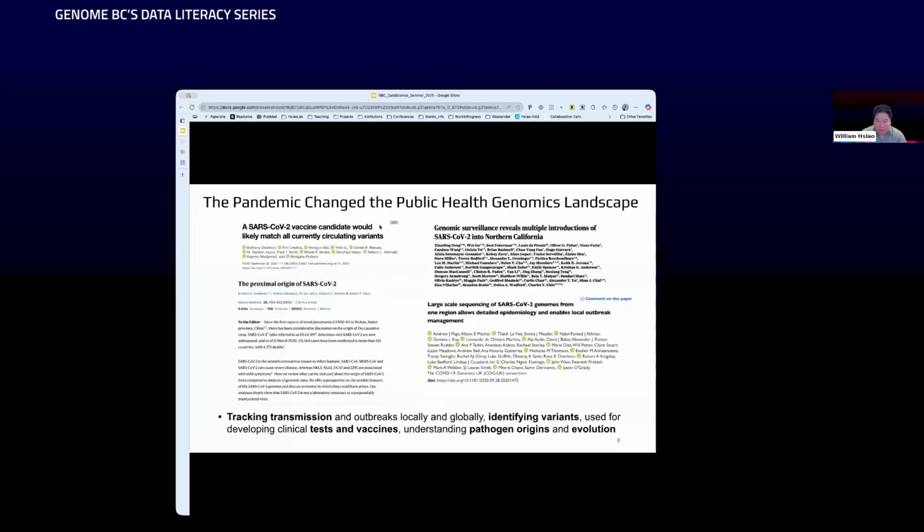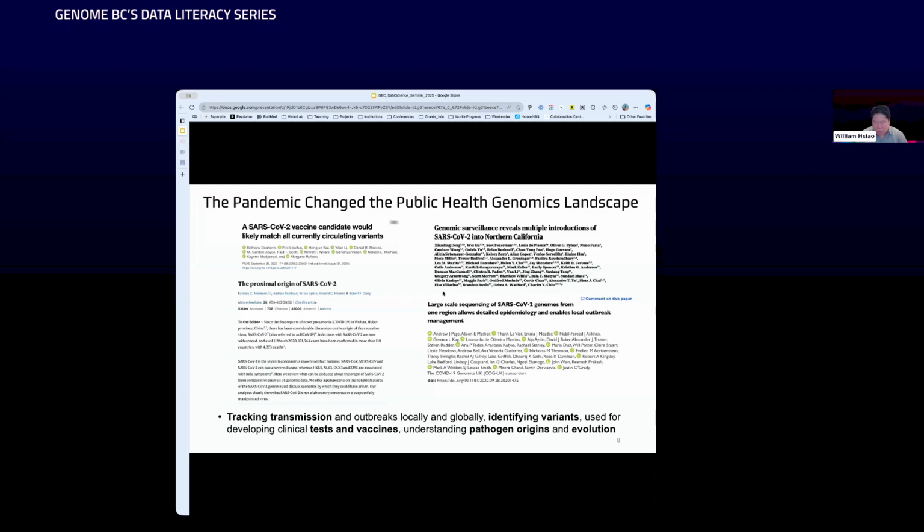So during the pandemic, the sequencing of SARS-CoV-2 genomes really changed how we conduct public health and how we conduct research to combat infectious disease. These genomic data allow us to track transmissions and outbreaks both locally and globally, to identify genetic variants and use these genetic variants as knowledge to develop clinical tests and vaccines.